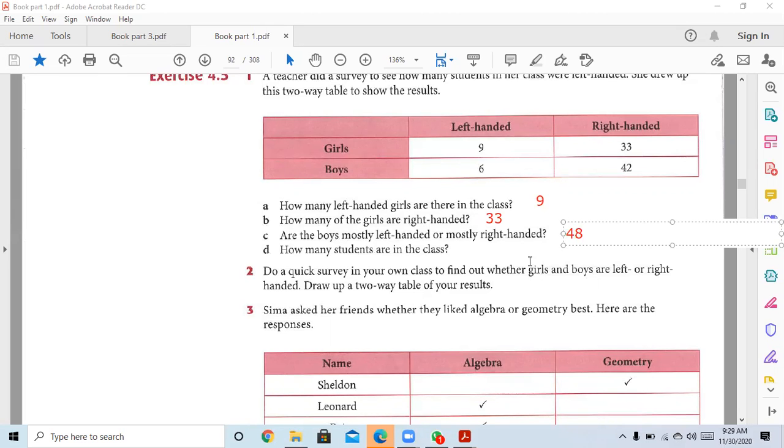Let's check after that. And how many students are in the class? First of all, this one is 15, and this one 45, 75, 90. Overall students are 90. So let's check the result.